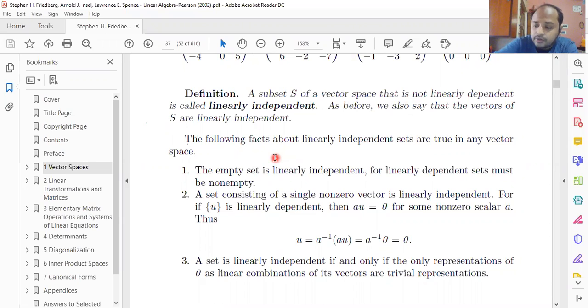Why is it so? If we consider that the empty set is not linearly independent, then what does it mean? Since linear independence and linear dependence are complementary to one another, if the empty set is not linearly independent, it must be linearly dependent.